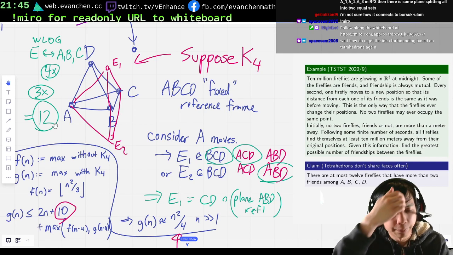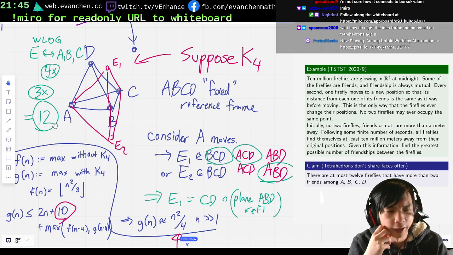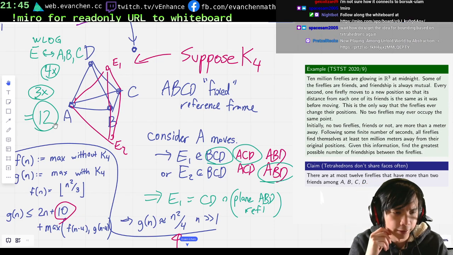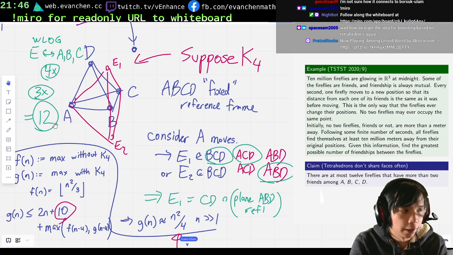How do you get the ideas for bounding based on tetrahedrons? I don't even think you care that much about the bounding to start. I think you just want to say you know tetrahedrons cause problems, because if there were no tetrahedrons, you use Turan and you're done. And you know that for small values, the tetrahedrons are okay, but for large values, the tetrahedrons get stuck. And what you say is, okay, I claim that tetrahedrons don't share faces often.